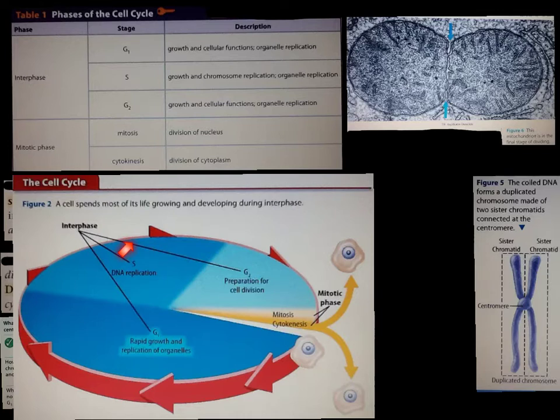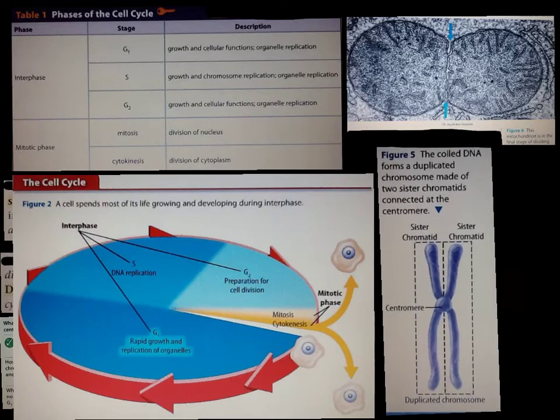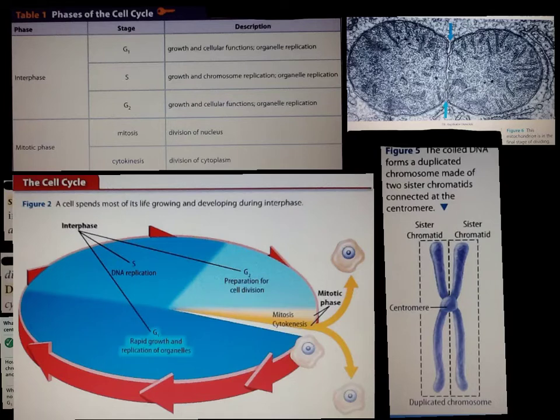Identical chromosomes join together. The cell's DNA is now arranged as pairs of identical chromosomes. Each pair is called a duplicated chromosome. 2 identical chromosomes, called sister chromatids, make up a duplicated chromosome, as shown in Figure 5. Notice that the sister chromatids are held together by a structure called the centromere.